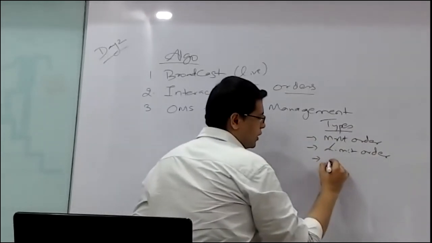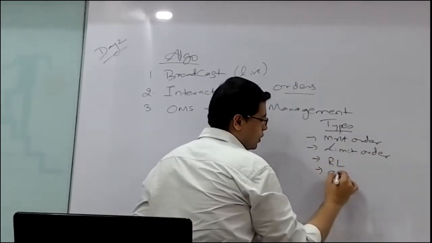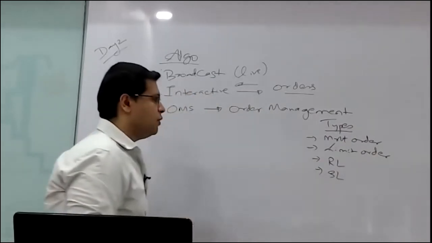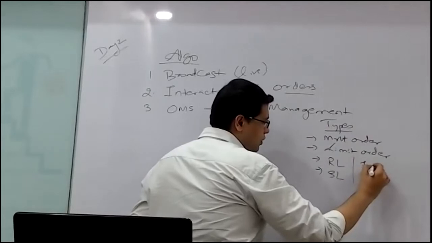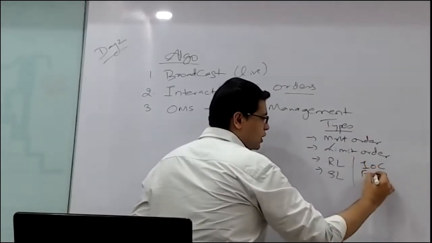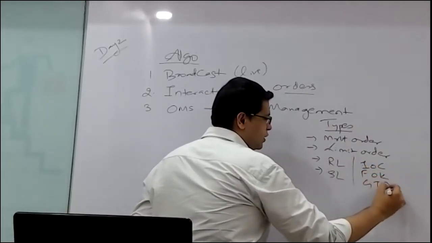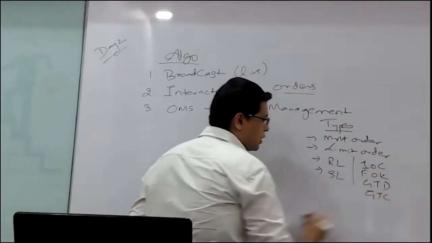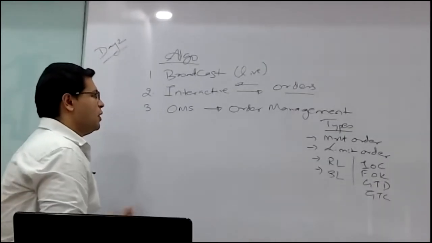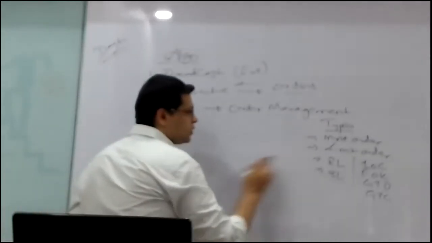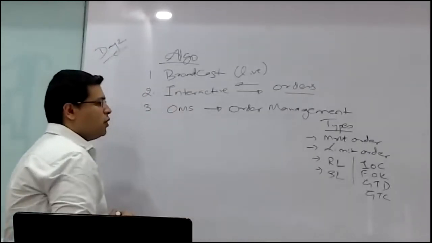You also have regular order, stop loss order. And apart from that, the other orders are IOC, fill or kill, GTD, GTC. So there is a different variety of types of orders, and those orders can be sent to the exchange through the OMS.